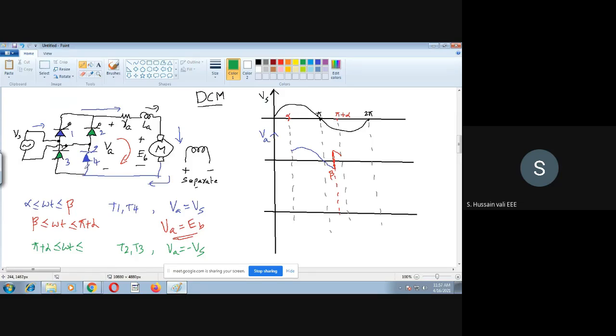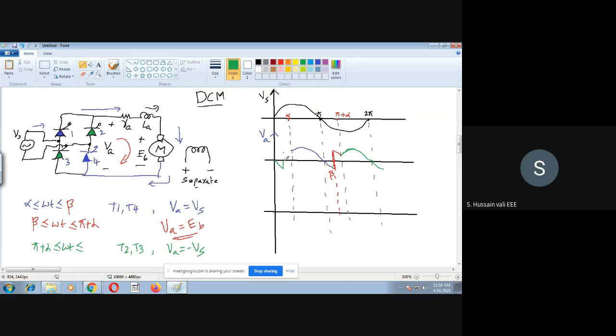So T2 and T3 are conducting. This is positive, this is negative, so VA is equal to minus VS. As VA is equal to minus VS, the waveform will be like this. This waveform will continue, so let me complete it here, just like in the earlier case.